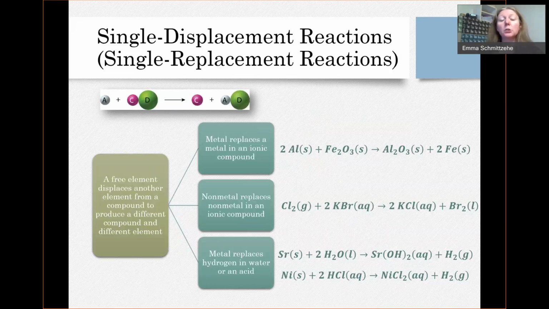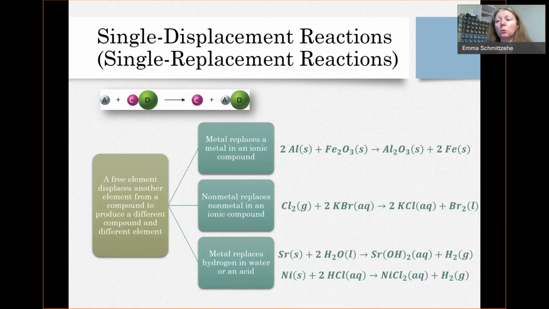Okay, so all of your single displacement reactions, it's always something gets kicked out of the compound and replaced by something else. So you should be able to predict products of these things. But even though you can predict a product of a single replacement reaction, it doesn't necessarily mean that that is a reaction that's going to happen on its own.